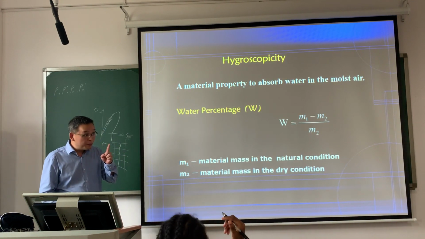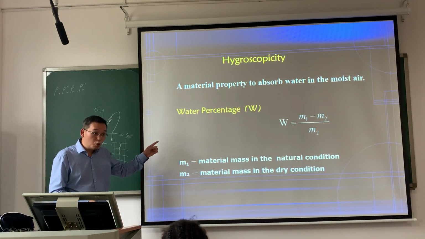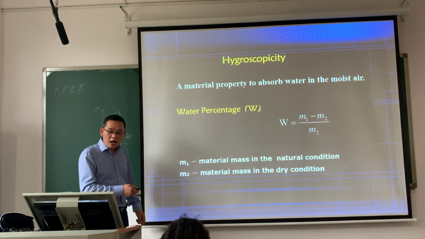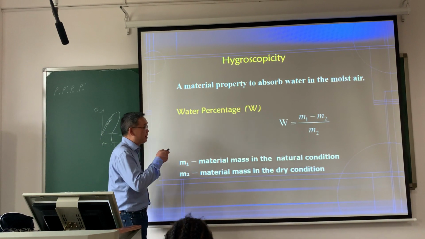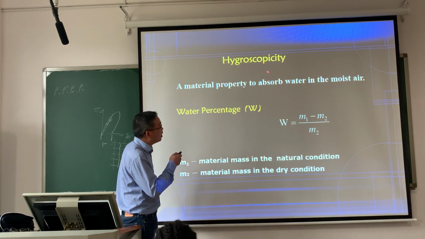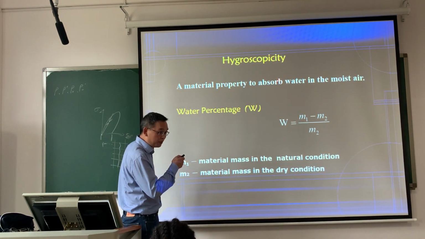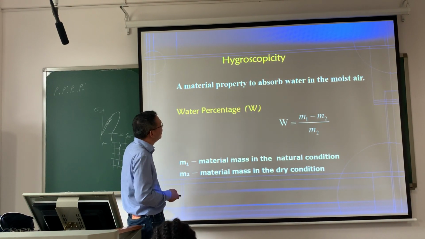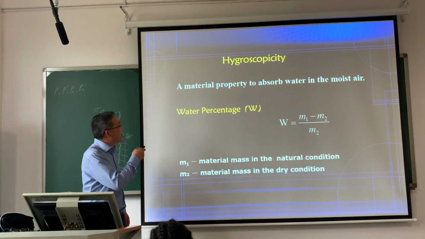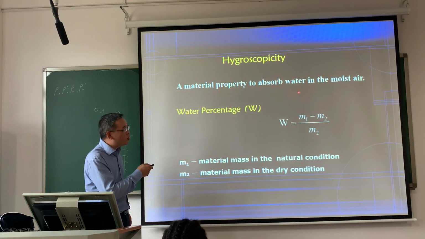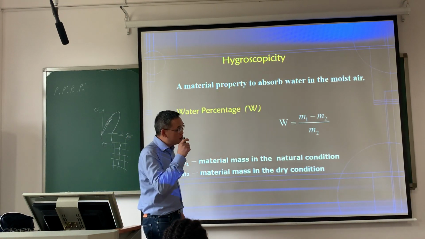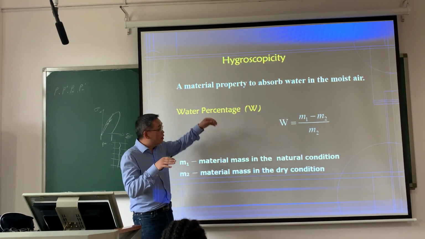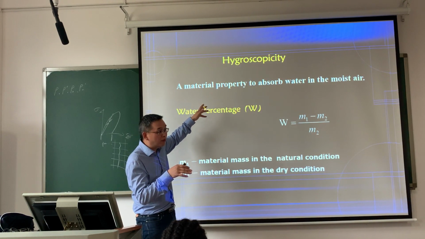In other words, it's very similar to what we have learned: hygroscopic. It's difficult to spell. It means a material property to absorb water in the moist air. So, what is the difference from the concept above?